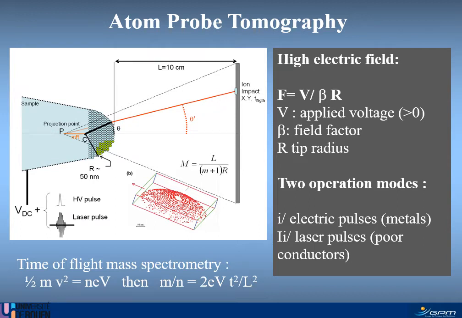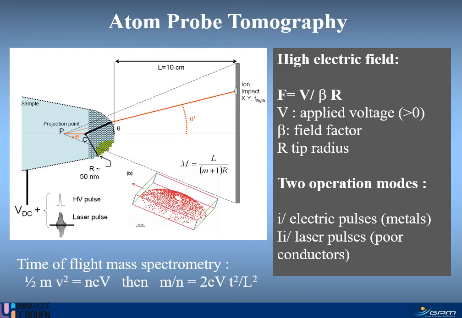If you are able to detect the time at the detector, as you know the starting time, you are able to calculate the time of flight. If you know the time of flight, then you know the velocity, because it's simply the distance between the tip and the detector divided by the time of flight. And so you know the velocity.